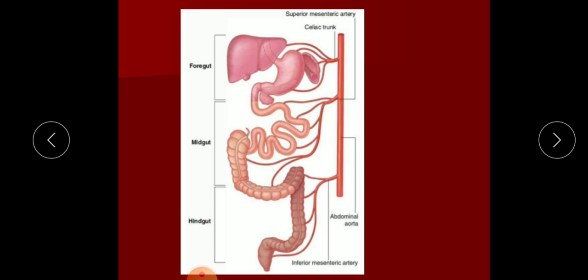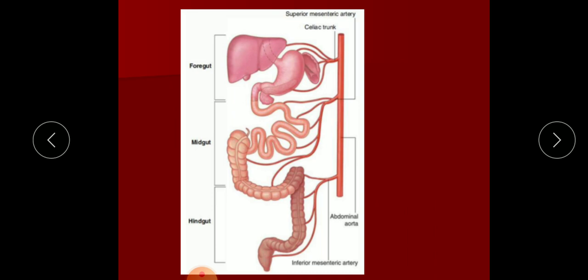Now what happens? The dorsal aorta will be there in the posterior abdominal wall, and initially during the process of development a large number of arteries will be going and supplying the gut. But later, there are different branches, and out of these, three branches will persist.